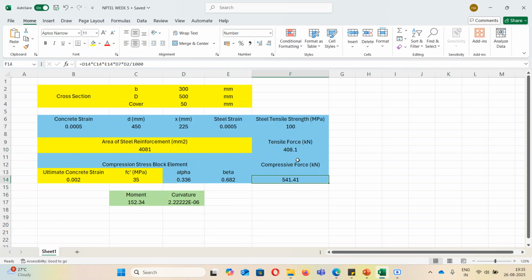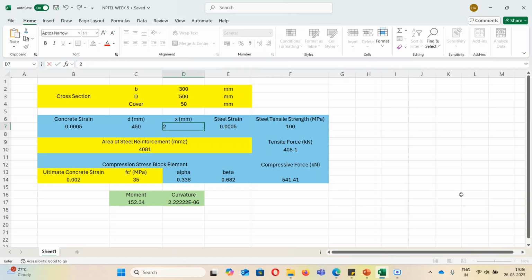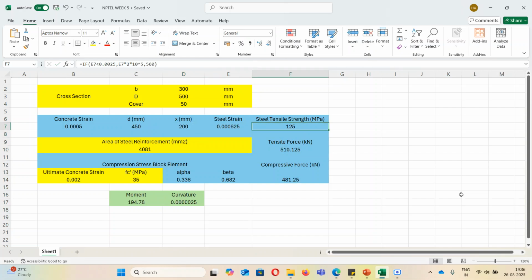Now see, when my x was 225, my compressive force is more than the tensile force. So instead of doing the calculation on pen and paper, I can just do iterative work here. Instead of 225, I will write 200, since I need to decrease the compression force. You can see the values here automatically update because we have already placed all the formulas everywhere.